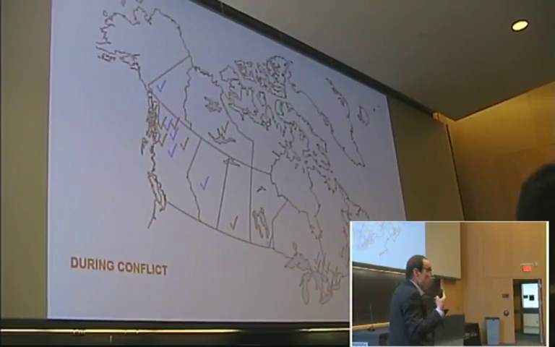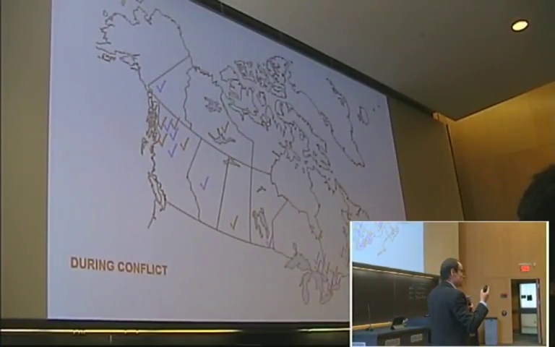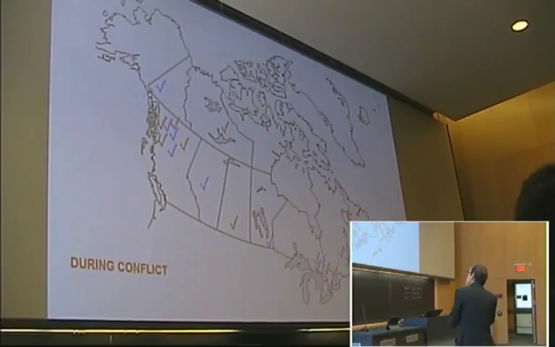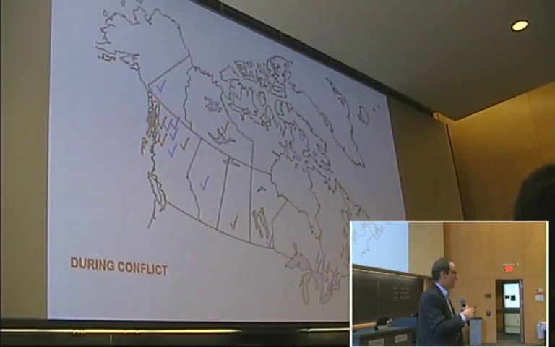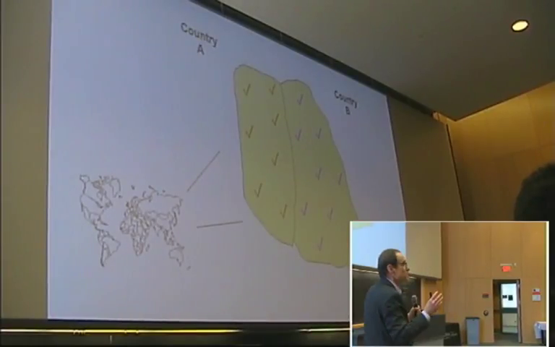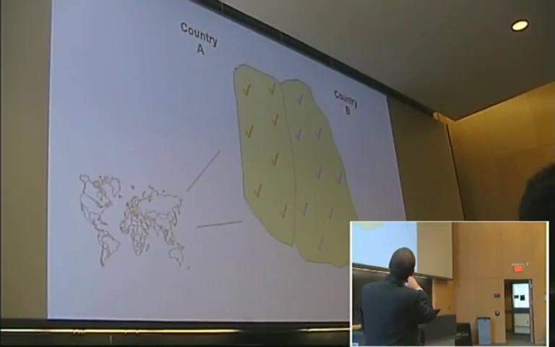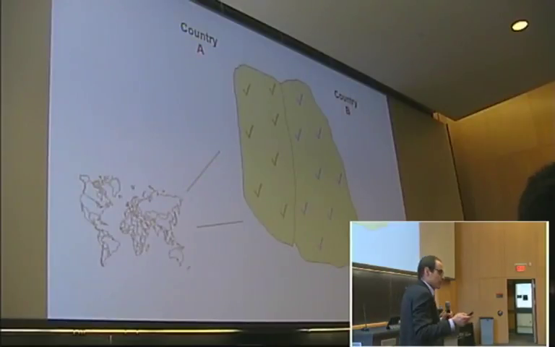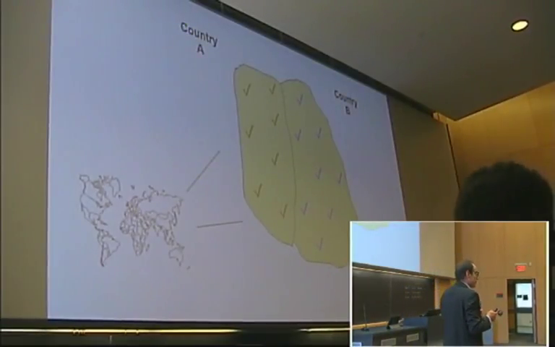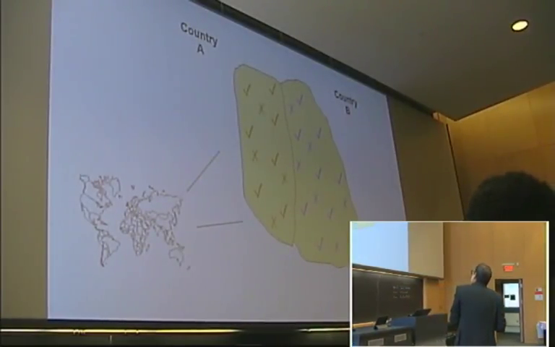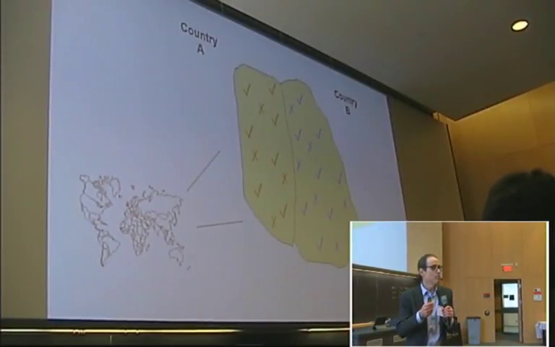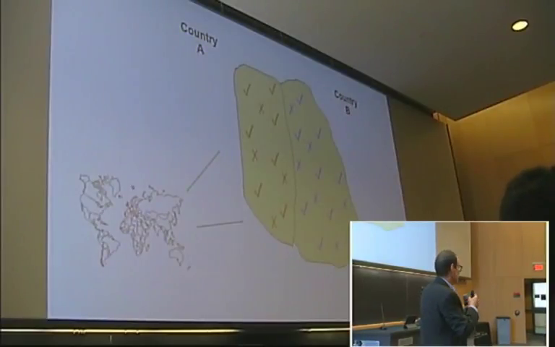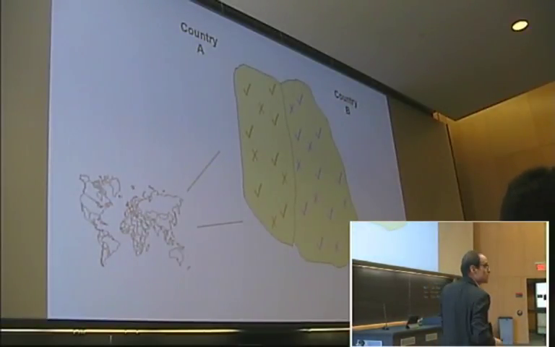Now back at home in Canada, years later, we now have refugees from both sides of the conflict. And now we return, and peace has been restored. Let's say country A, country B, everything's cool, the war is over. However, in both countries, you have people who may have committed the atrocities on either side.